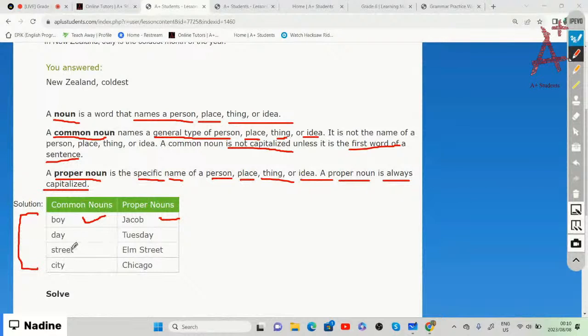So when we generalize, which is a common noun, we can maybe just say day. But as soon as we make mention of a specific day, then we can, for example, say either Tuesday, Wednesday, Friday, Sunday, and so on.